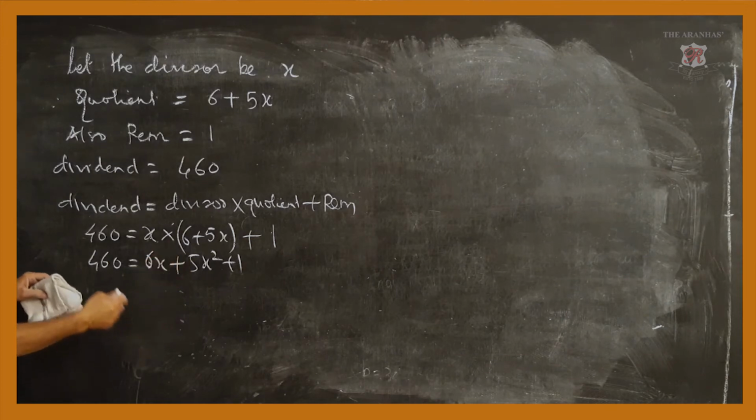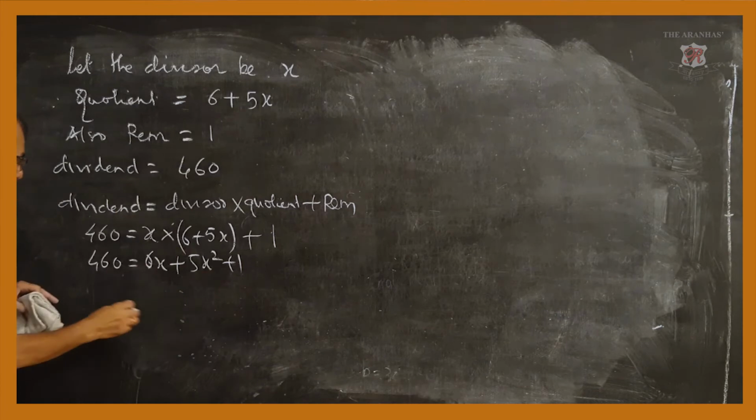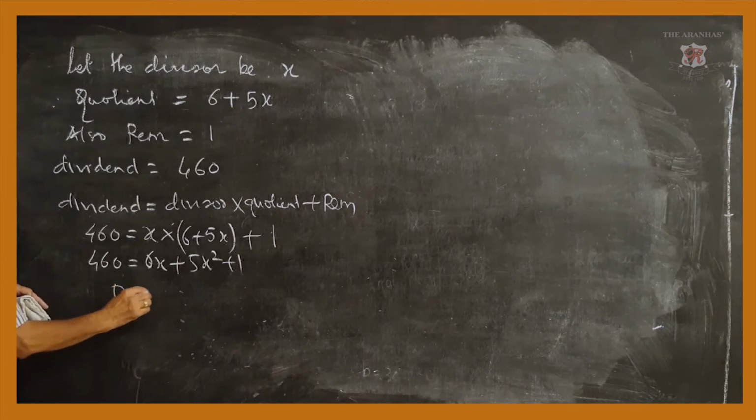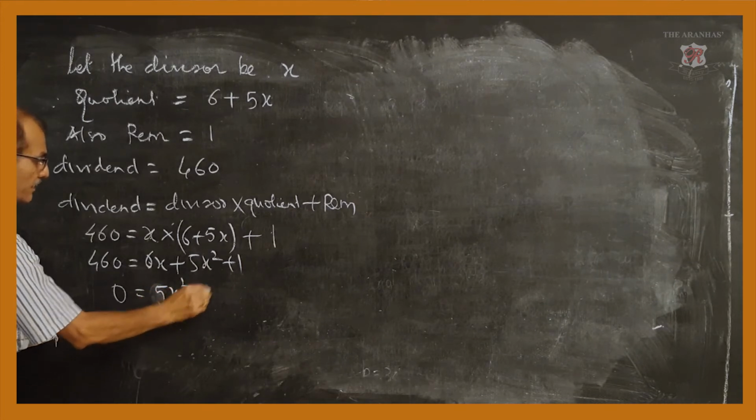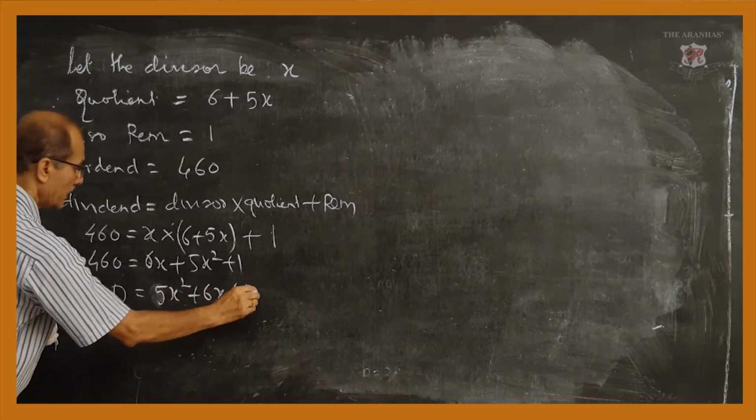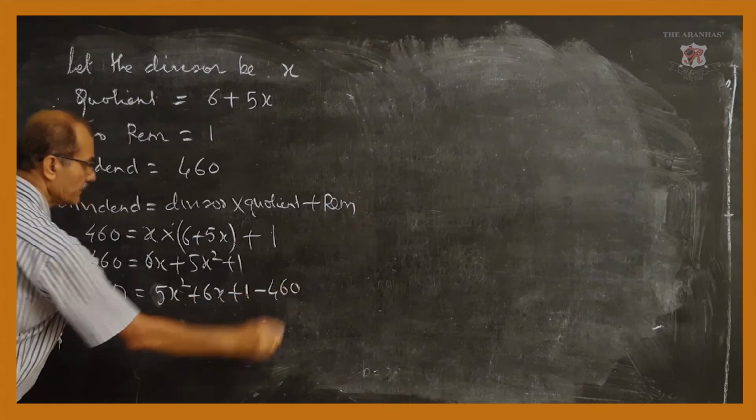Rather, what I will do, I will shift 460 onto the right hand side. So you will get here 0 is equal to 5x squared plus 6x plus 1 minus 460.